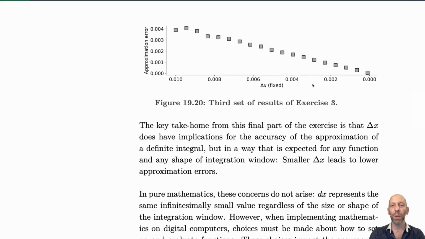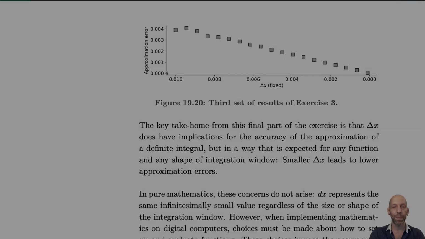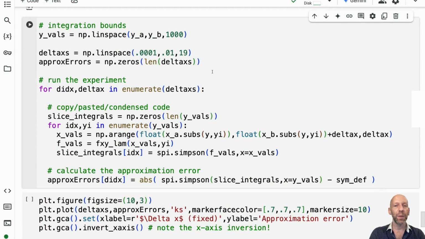You can see I've swapped the order, so it's actually starting at larger values of delta x and going up to smaller values of delta x. And here on the y-axis, we have the approximation error. So this is the difference between the numerical approximation of this double integral using each of these delta x parameters and the exact definite integral that we got from SciPy.